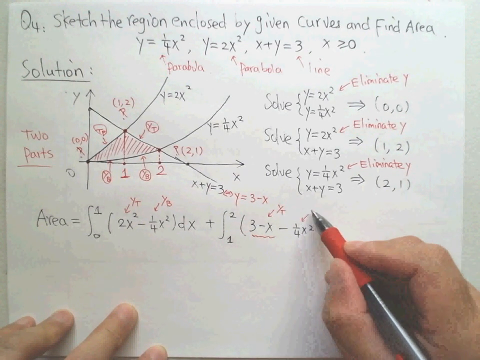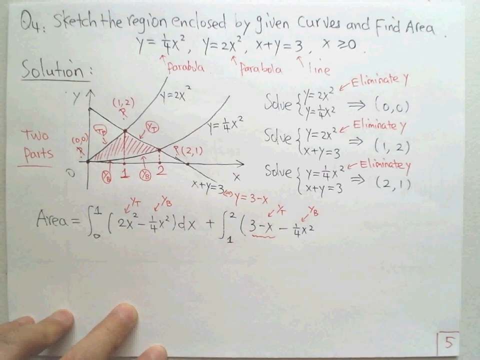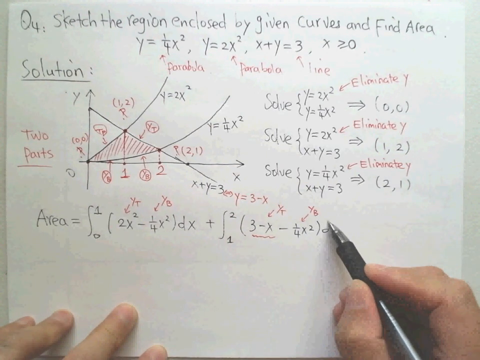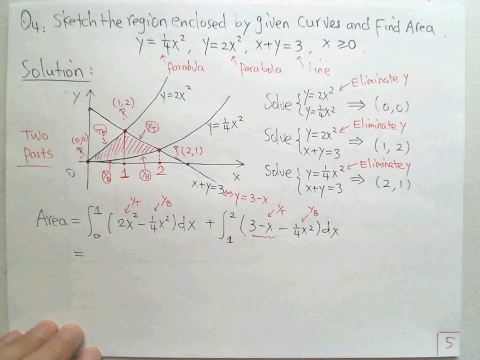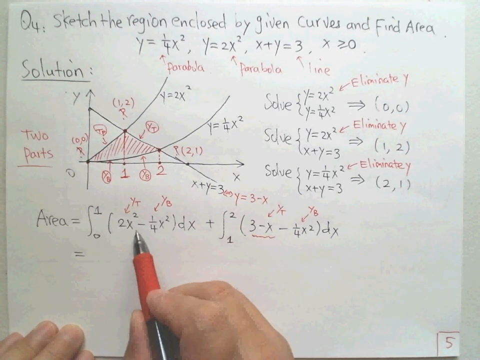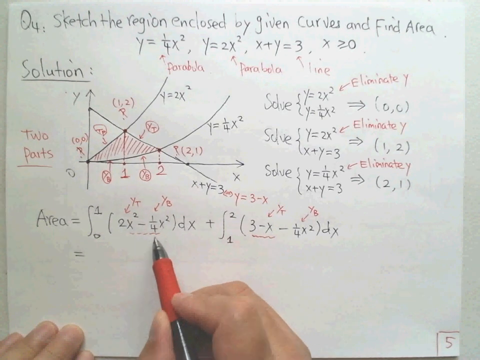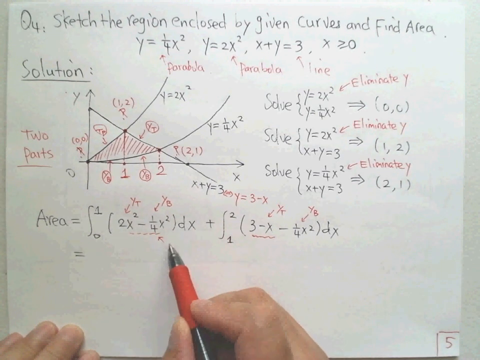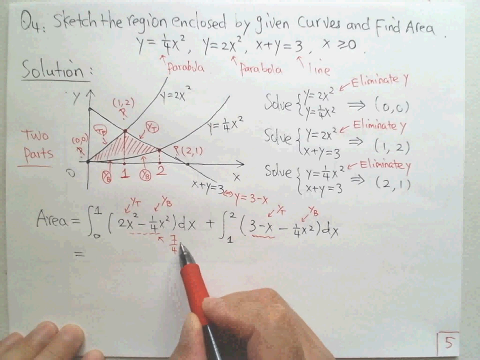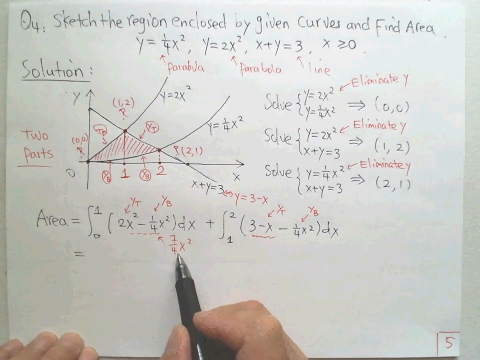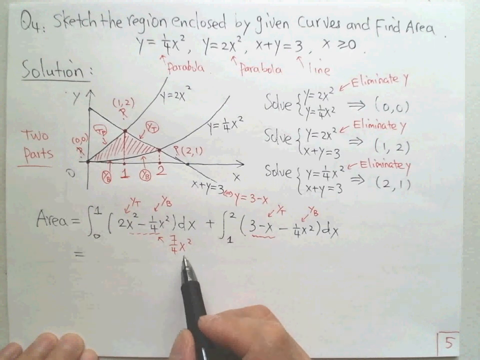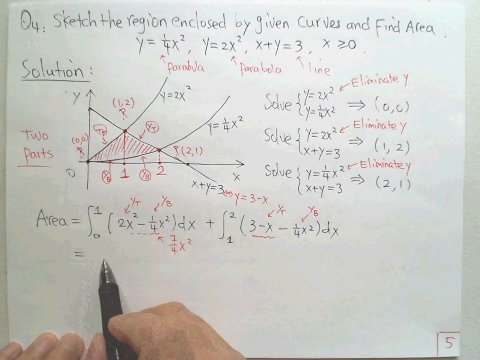And then we need to minus the bottom, which is 1/4 x squared. So this is y bottom. And then do integration. So I'm going to do the integration. Simplify first. Of course, we simplify to 7/4 x squared.